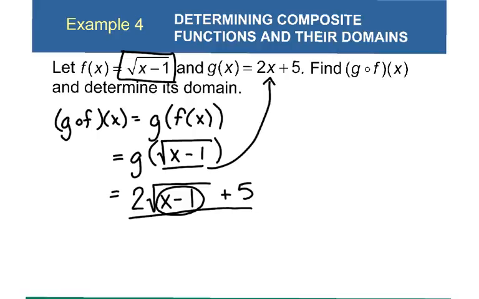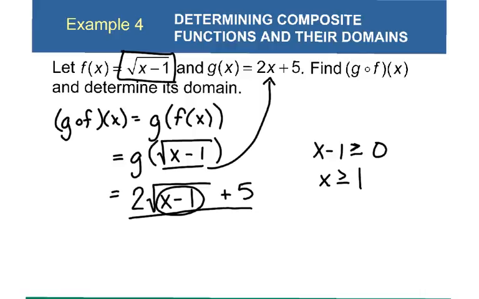Well, not except, it's for everywhere that inside of our square root function is greater than or equal to 0. Okay, so let's find values for that by taking our x minus 1, setting it greater than or equal to 0, and solving that for x. And that is our domain.